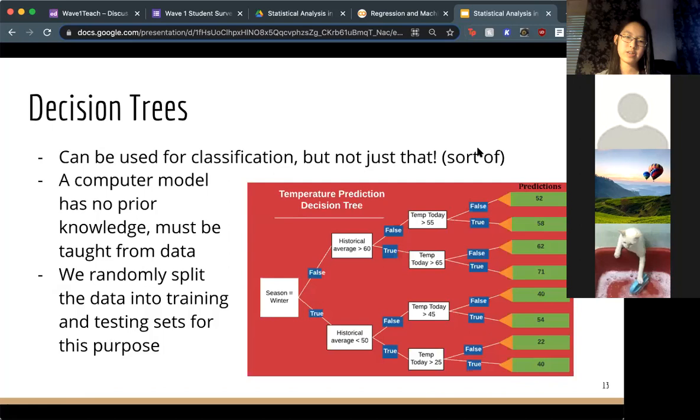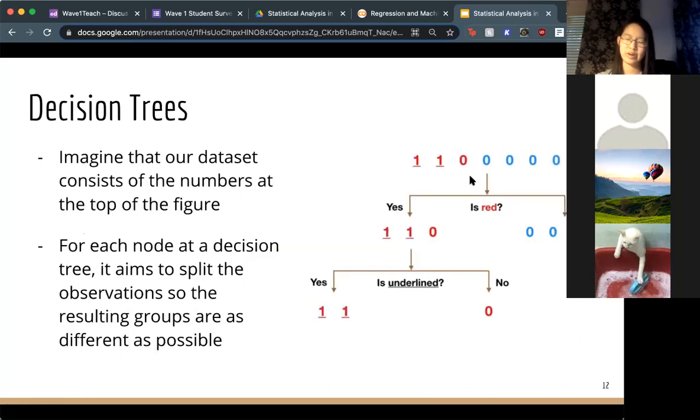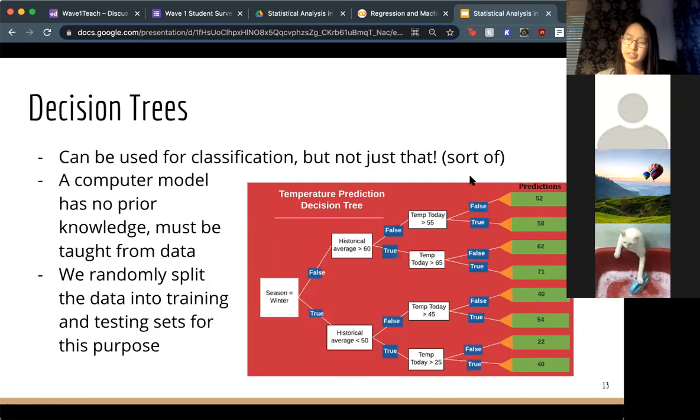With decision trees, what ends up happening is that you can use them for classification. So, hey, is it red, whatever. You can also use them for prediction, as I mentioned before, like with prediction in regression models. For example, you could predict, hey, what is tomorrow's temperature? I'd like to elaborate more on this when we actually get to the code, but yes, you can use it for classification.